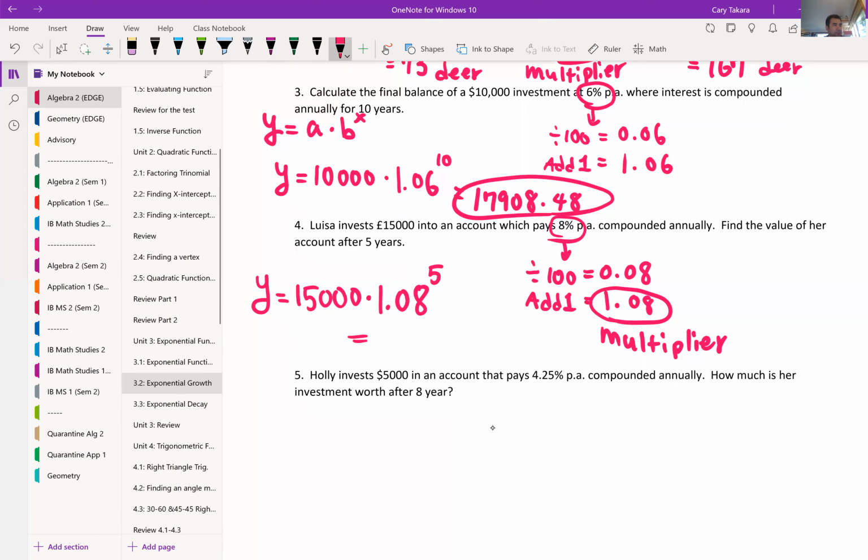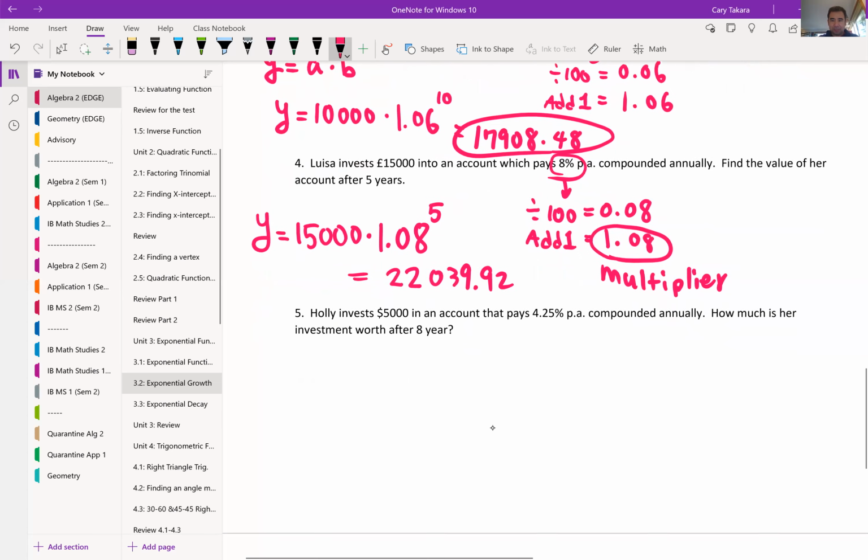And then if you do that, only just after 5 years later, it is 22,039. 22,000. Okay. Not quite double, but you've got what, 7,000 pounds more.